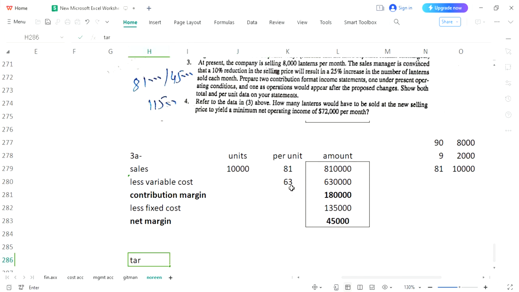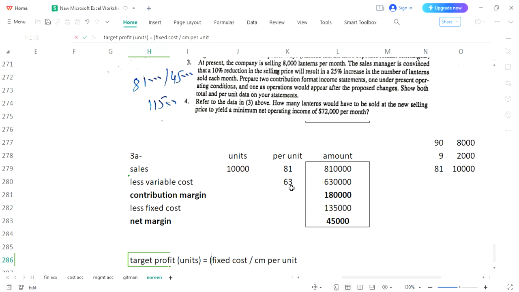I have already written the formula for target profit, but in terms of units. You can happily use the same break even point formula. What was that? Fixed cost divided by CM per unit. This was the formula for break even. But for target profit units, how would you change this formula?